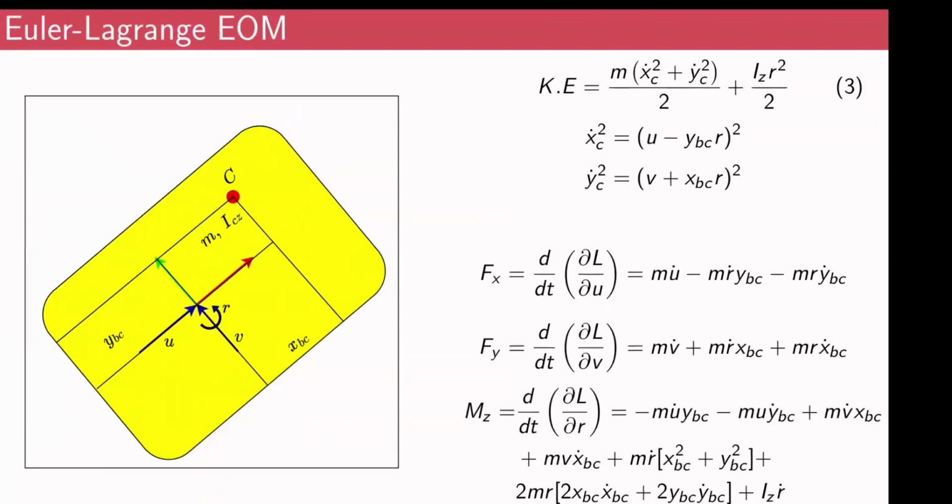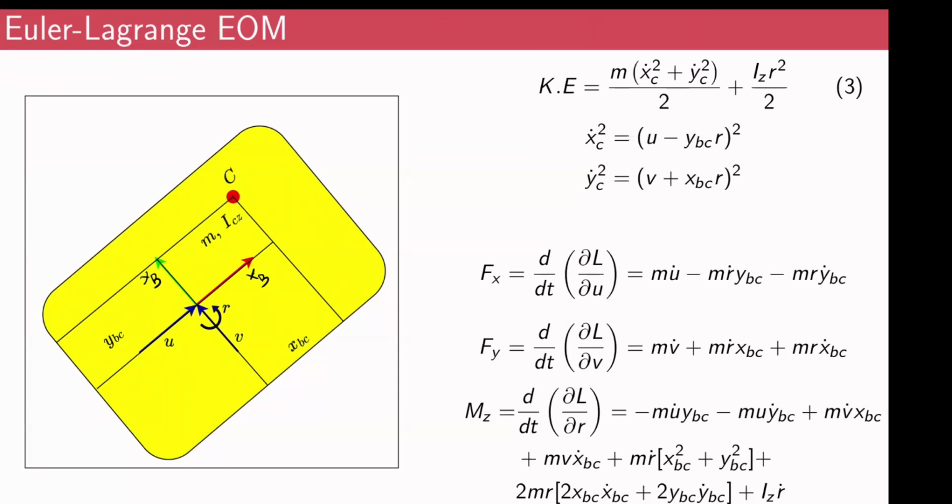What do we have? We have defined a mobile base like so, and we have also attached a body fixed frame of reference, XB and YB, and you can assume this red blob on this figure, C, as the center of mass.